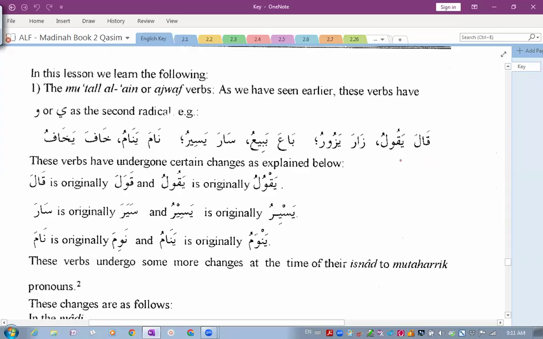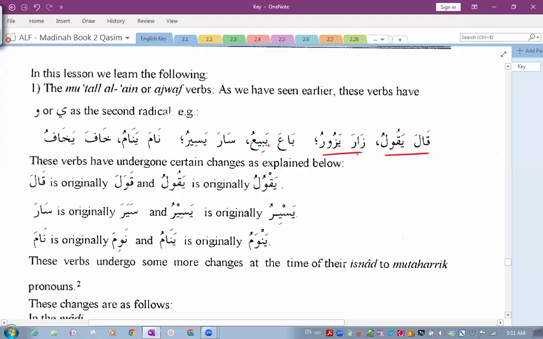For example, qala yaqulu, zara yazuru, ba'a yabiu, and there is a typo over here, ba'a yabiu is missing one dot. Sara yasiru, nama yanamu, khafa yakhafu. You must know the meanings of these verbs. Qala yaqulu, to say, or he said.